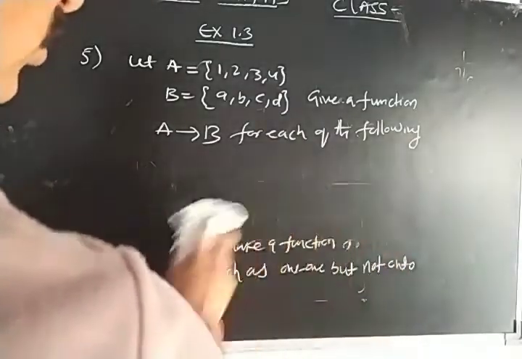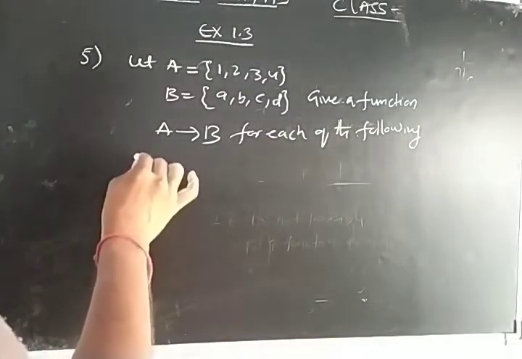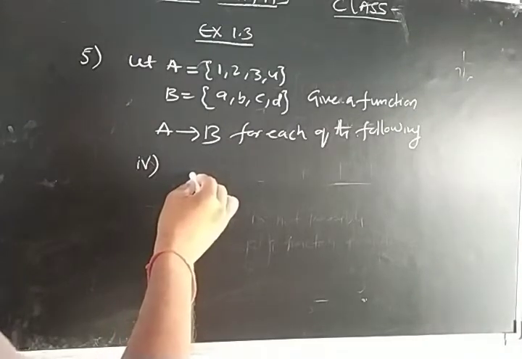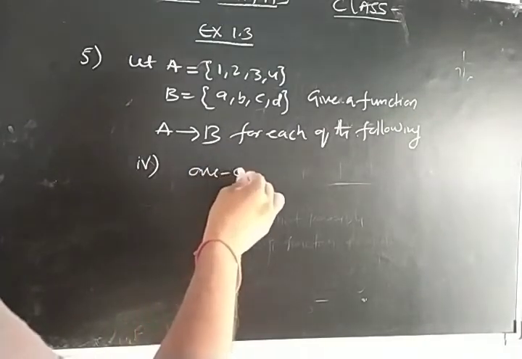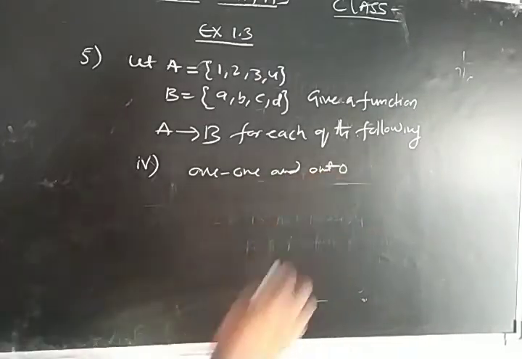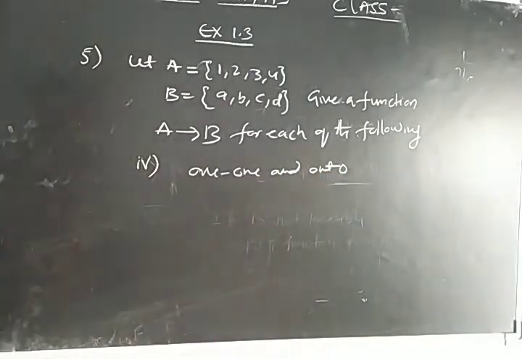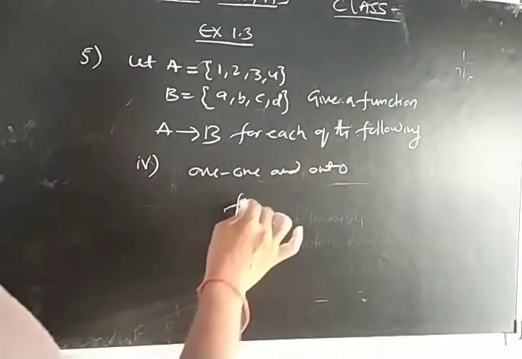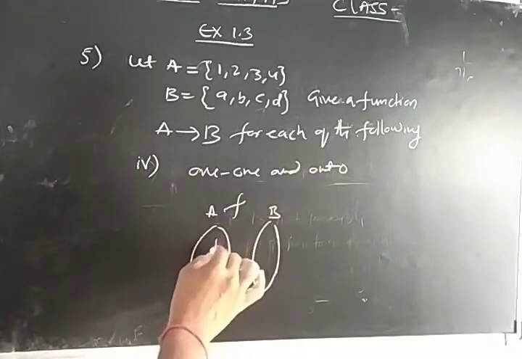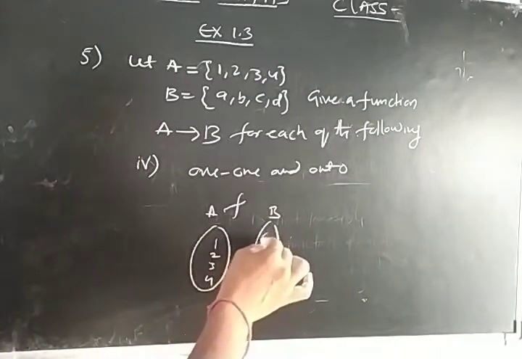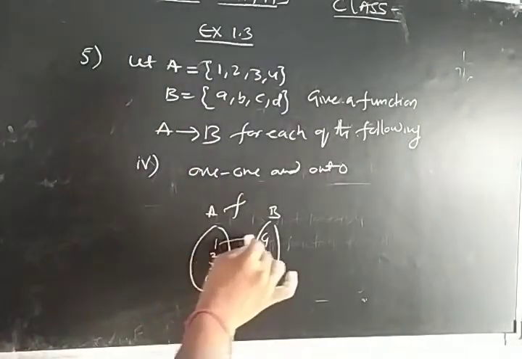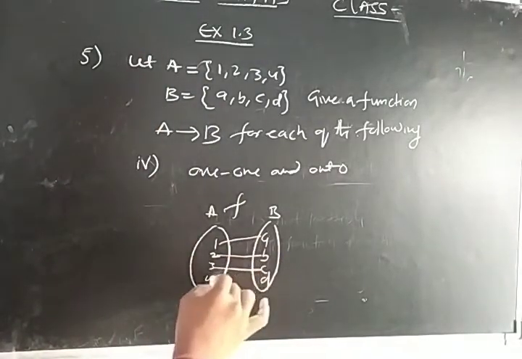Now problem number 4, fourth problem. One-one and onto, both. That means bijection. He is asking bijection. So let me construct A, this is B. 1 2 3 4, A B C D. First it should be one-one. That means different elements we should relate with different elements.